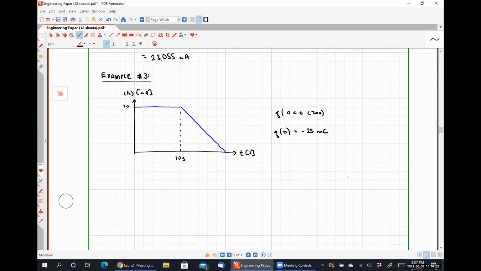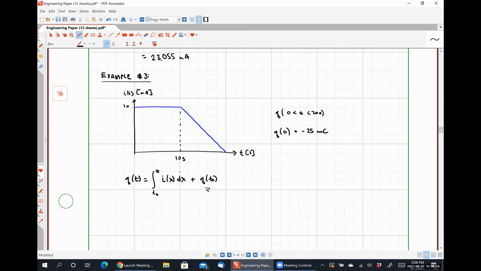Okay, so our integration equation says that Q of T is the integral from T naught to T of I of X dx plus Q of T naught. That is our equation. One thing that I didn't point out earlier, but I probably should have, this Q right here is not inside the integral.